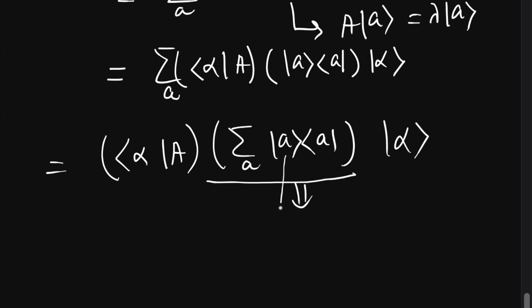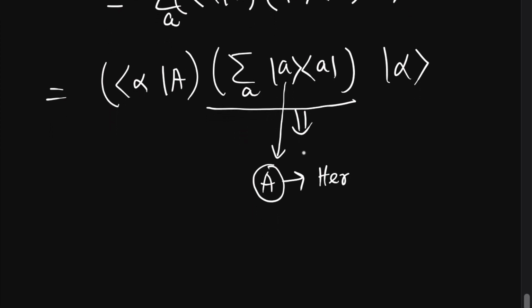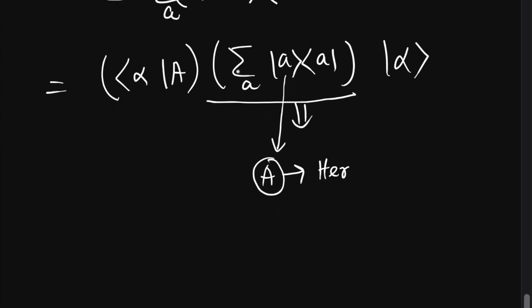Because |a> is the eigenket corresponding to the observable A, and since A is an observable, A is a Hermitian operator, and we know that for a Hermitian operator its eigenkets are orthogonal and orthonormal. That means this summation of |a><a| is equal to the identity operator.